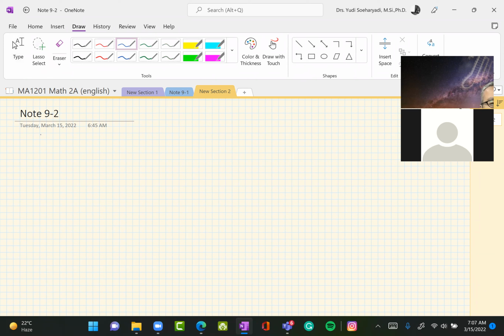We have a parametric representation of a curve, say curve gamma. And the parametric representation means that you're adding a parameter t, t as time.